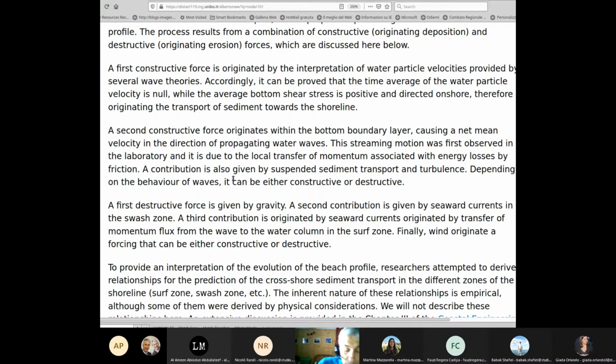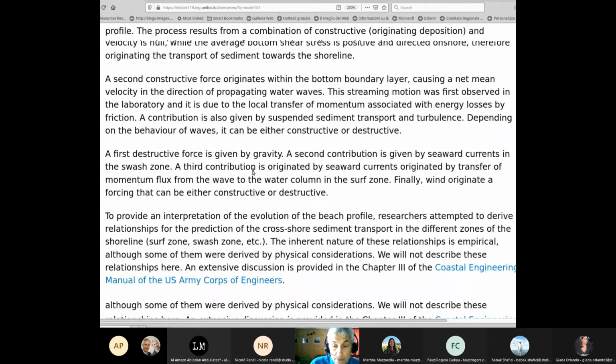It is a consideration that I wanted to report here in order to give you an idea also of the complexity of this process, and in order to give you an explanation of why these particles are moving, even if the waves before breaking shouldn't originate any movement of water.